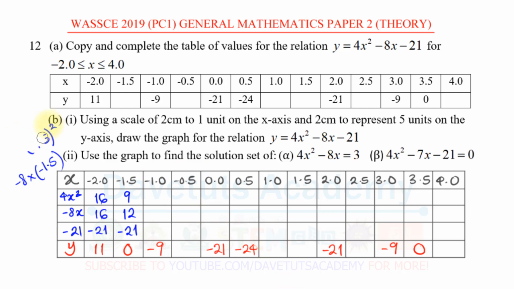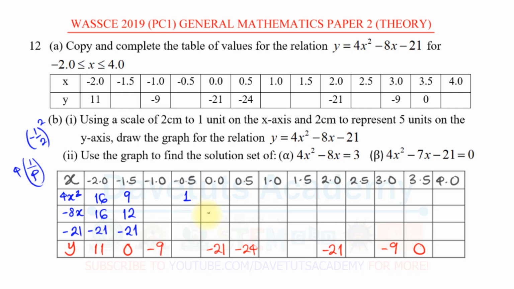So you can see how we go about just finding those values. Maybe I should just pick one more. Okay, so now let's look at minus 0.5. Now I want to find 4 multiplied by minus 0.5 raised to power 2. Minus 0.5 is itself minus 1 over 2. If I square that, that will be 1 over 4. And if I multiply by 4, the 4 will cancel, and I'm going to have 1.